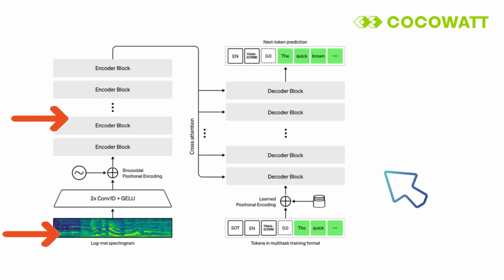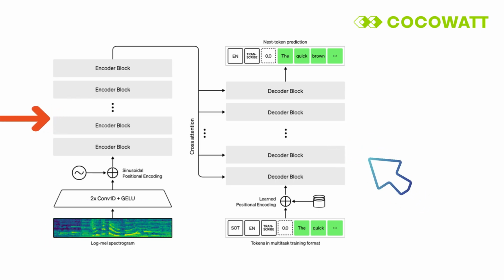A decoder is trained to predict the corresponding text caption, intermixed with special tokens that direct the single model to perform tasks such as language identification, phrase-level timestamps, multilingual speech transcription, and to-English speech translation.